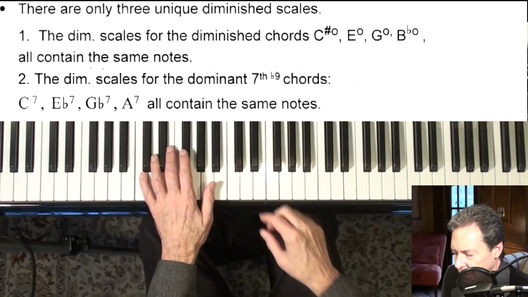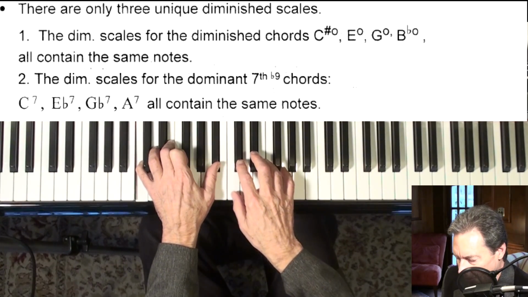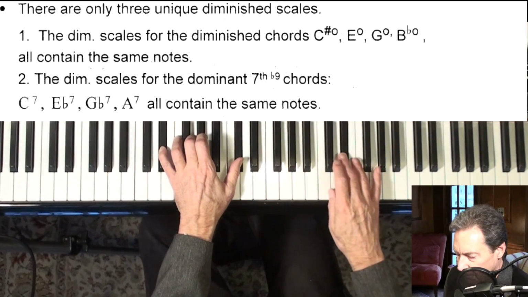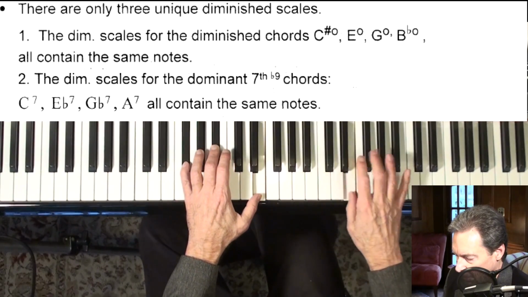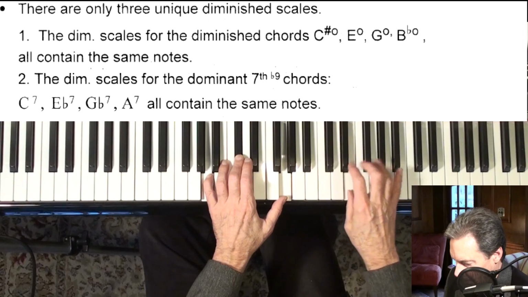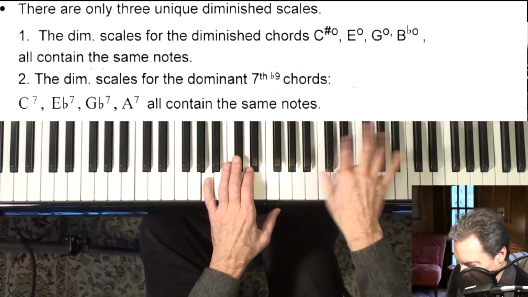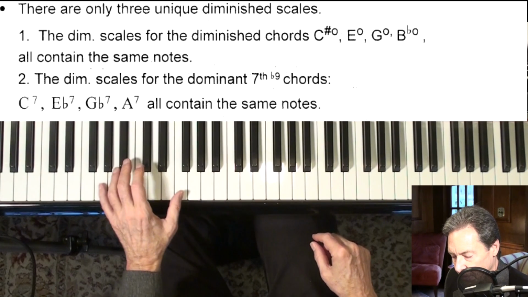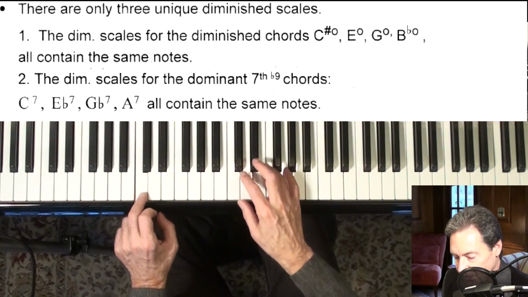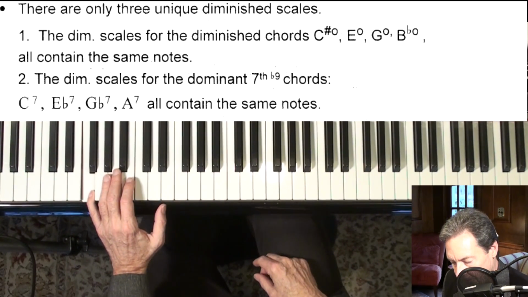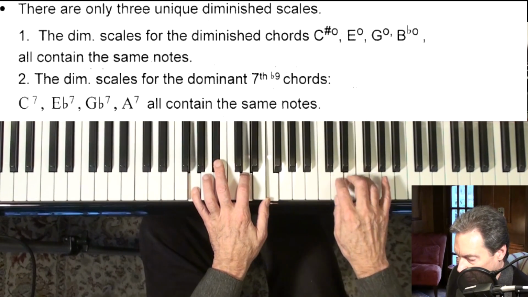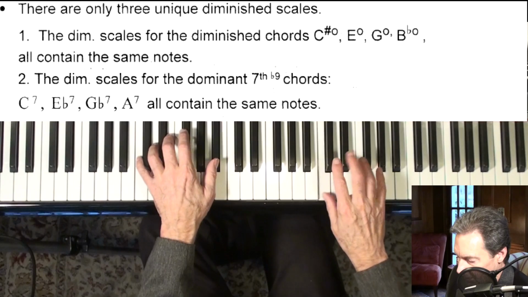But we use it for C dominant, E flat dominant, F sharp, and A. It's the same scale, just starting in different spots of that scale. And if I was doing 2, 5, 1s, the 5 chord is the C, so a 2, 5, 1 in F is going to use this scale. Let's do it. All right, and here comes C7.